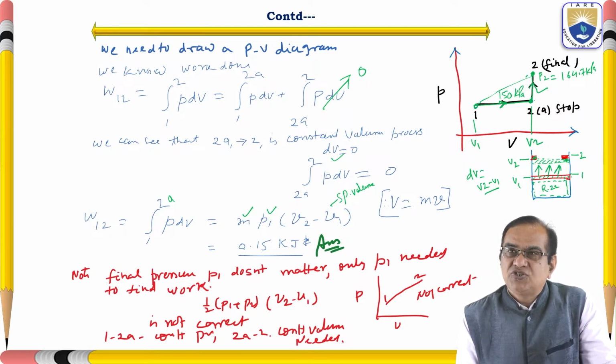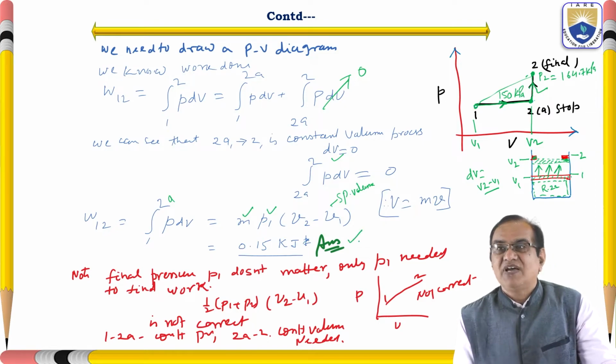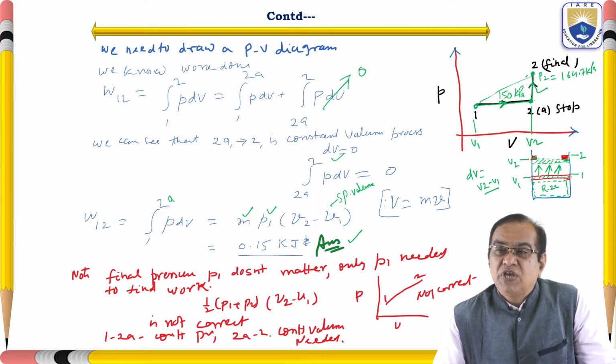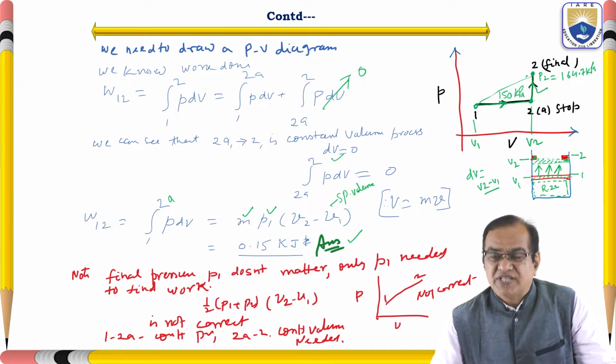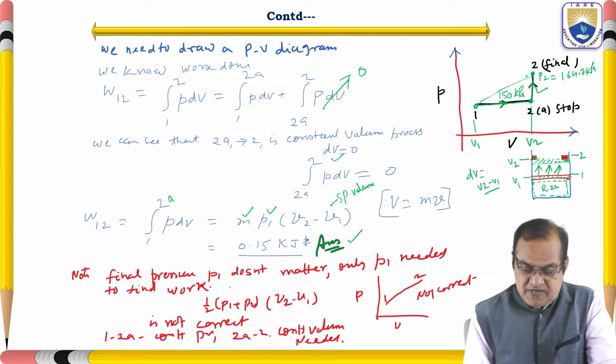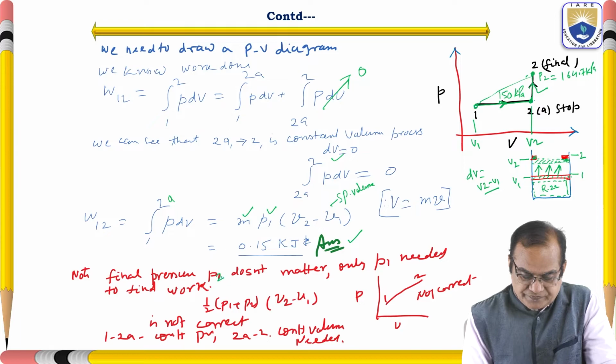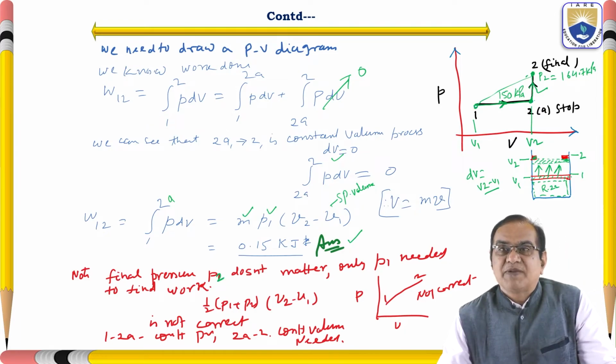So you will get 0.15 kilojoule, and this is the answer for your problem. We should have one caution: the final pressure P2 doesn't matter, only P1 is needed to find the work.